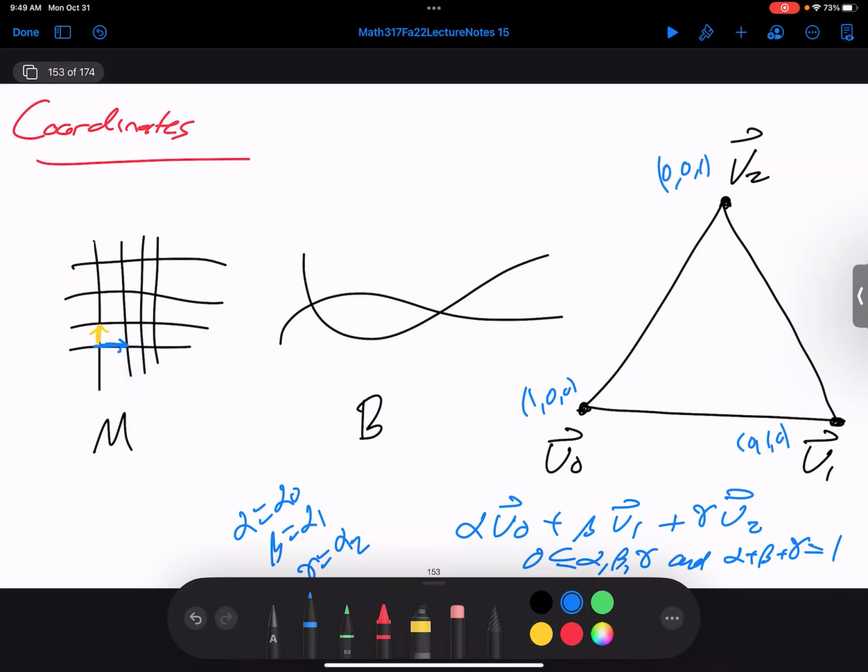And then you can show that any point in here is going to be my alpha, beta, gamma. As I go through all the alpha, beta, gammas that are non-negative and their sum is 1, it's just going to fill in the triangle. And so I can represent any point in terms of these 3. And this turns out to be an extremely useful coordinate system to use. And we will talk more about this next time.